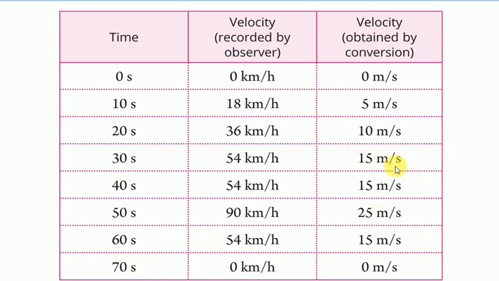To calculate the acceleration, it will be 15 minus 0, as 15 is my final velocity and 0 is my initial velocity, so the change in velocity will be 15, and the total time taken will be 30 seconds. So 15 upon 30 is half. My final answer will be 0.5 meter per second square.